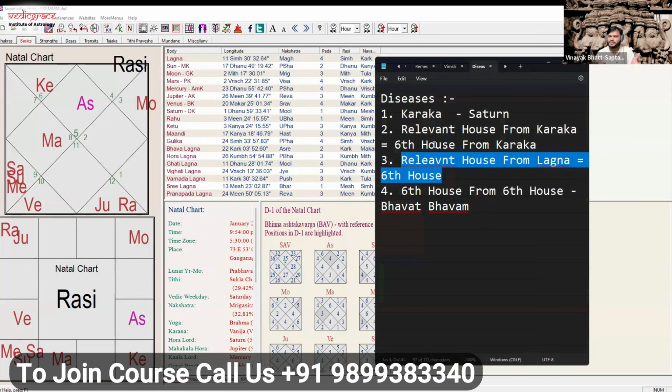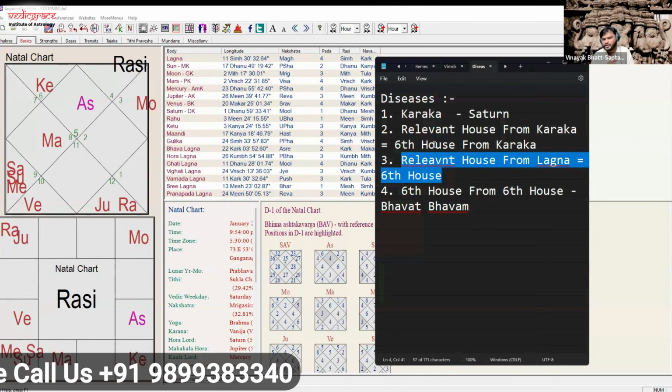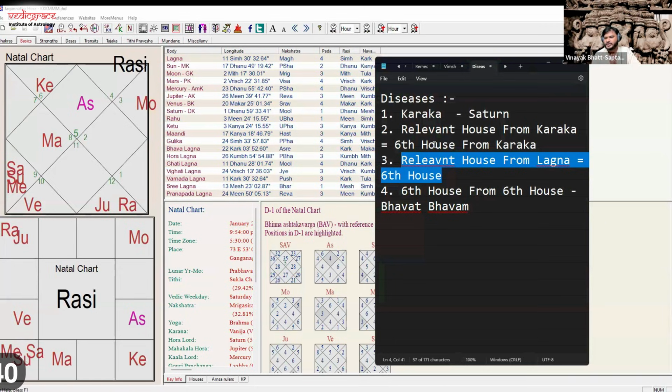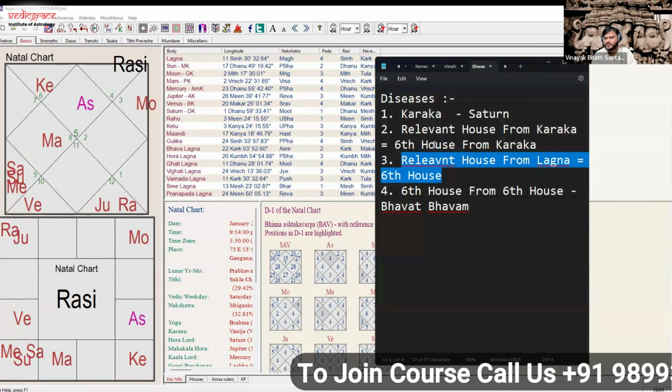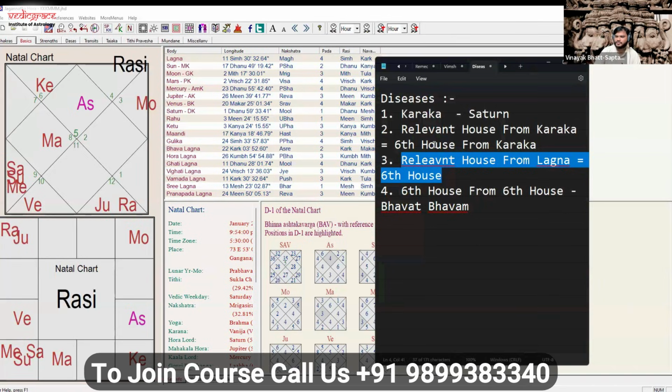When you include the same thing in the Parashari, your journey completes. All these 4 points are given in BPHS. That's why I'm saying Parashari and BNN are not different. They are completely the same. But our understanding is not clear, that's why we feel differences in it.